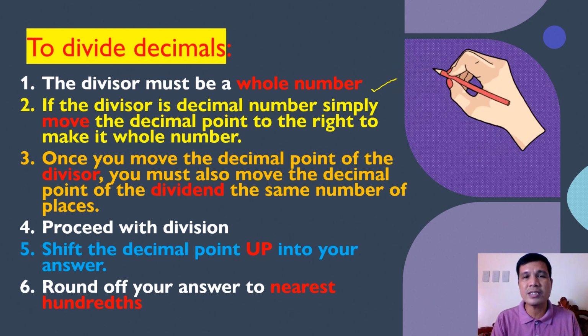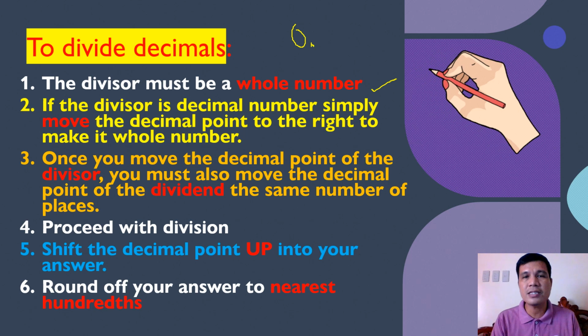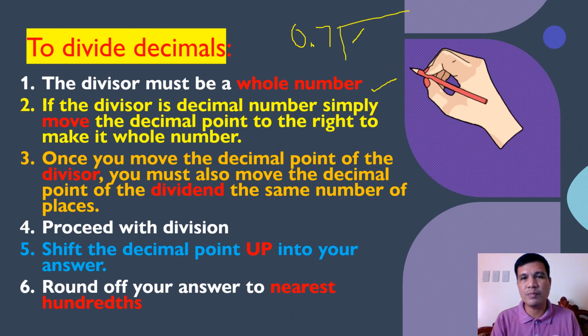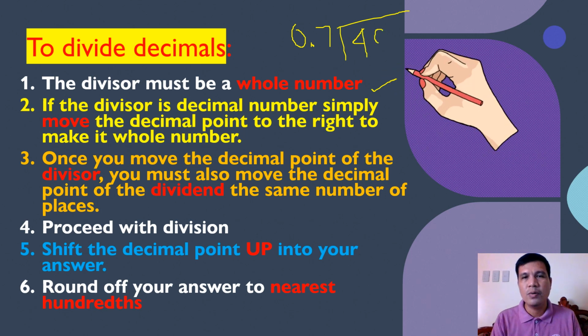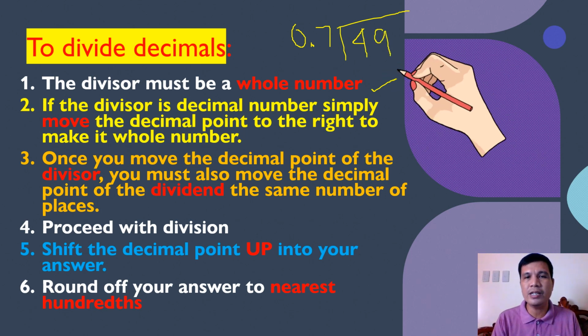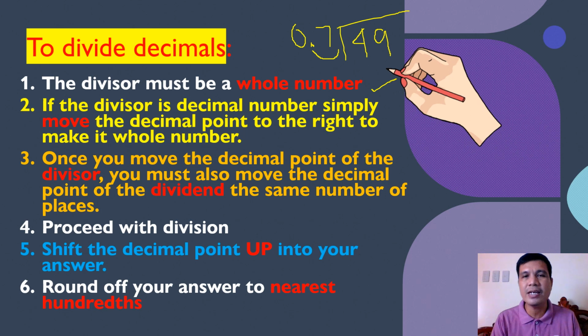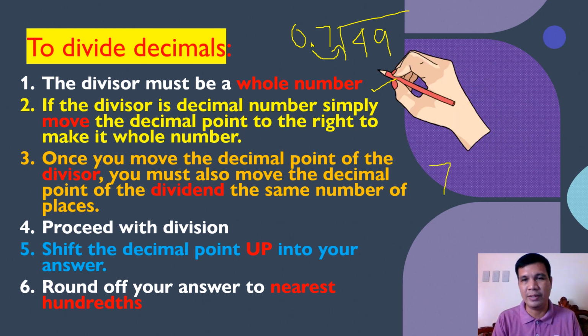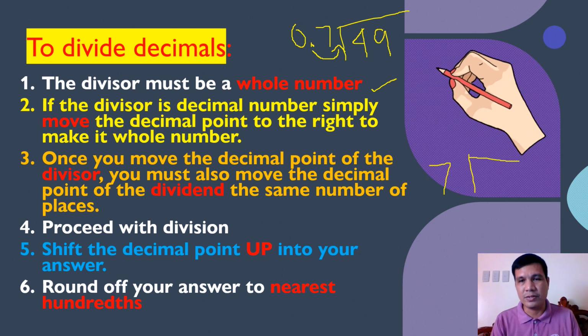So kung yung nasa labas natin ay isang decimal number, we are just going to move the decimal point para maging 7. So, naging 7 na ang ating divisor.